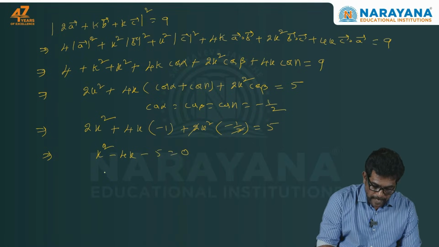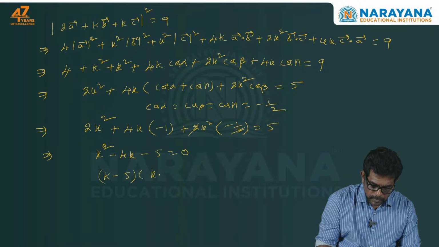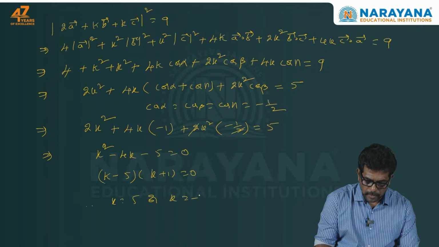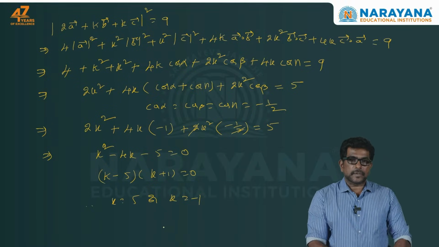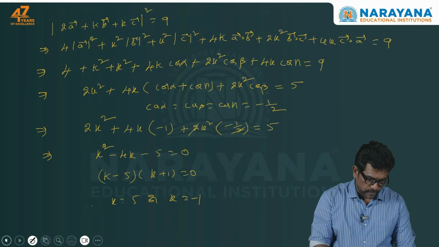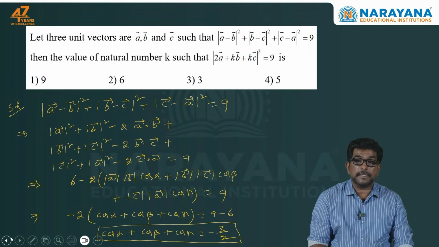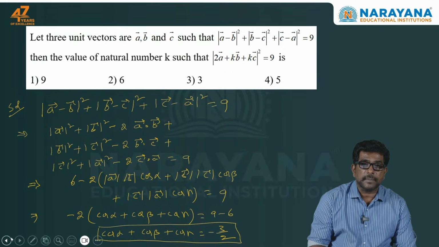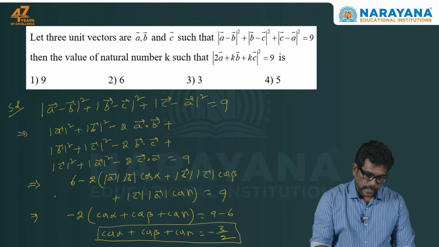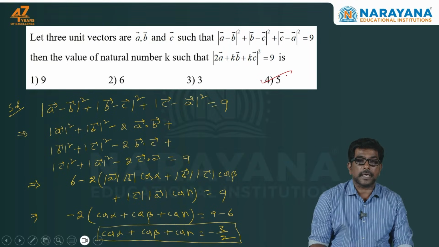By factorizing, k minus 5 into k plus 1 is equal to 0. Therefore k is equal to 5 or k is equal to minus 1. So if the pairwise angles between the vectors are the same, we get k is equal to 5.